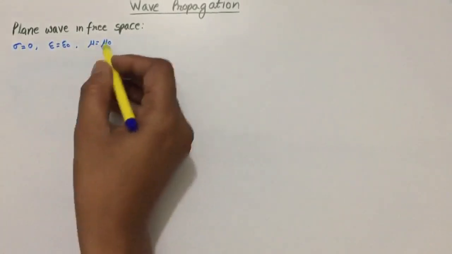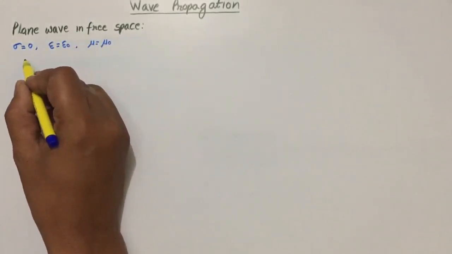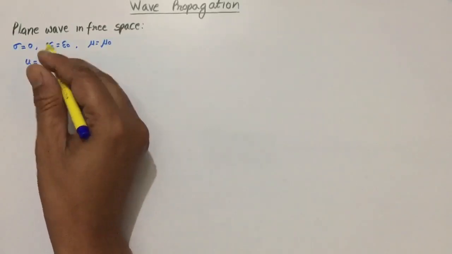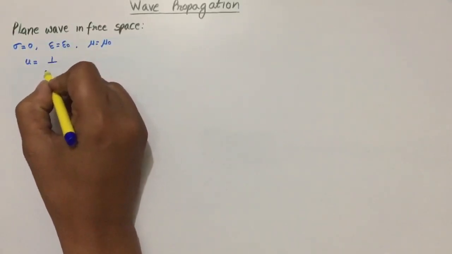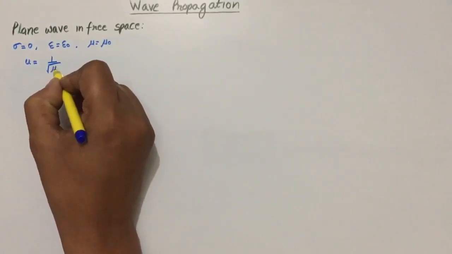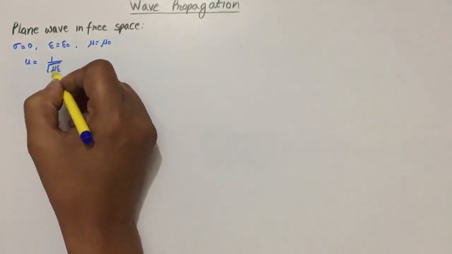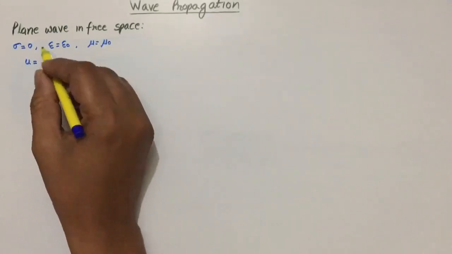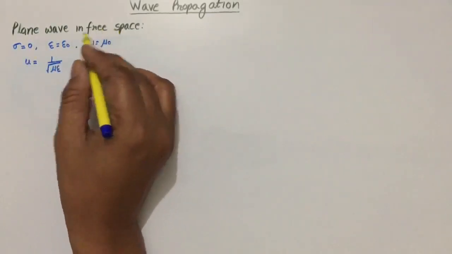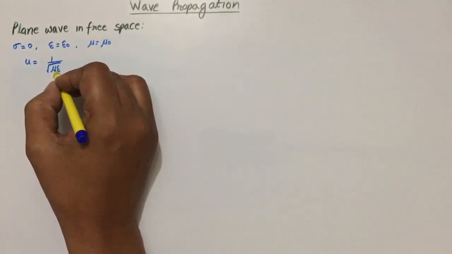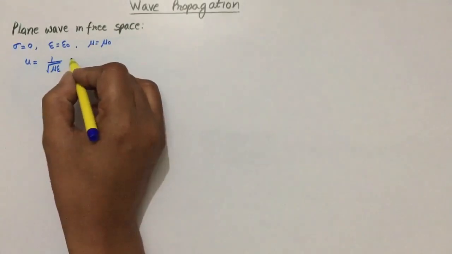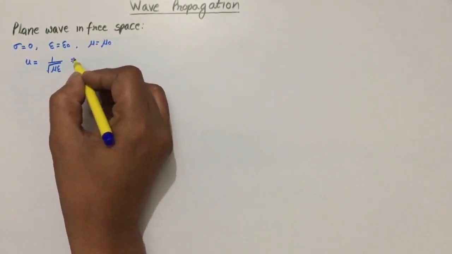In this case, if we wish to find the speed of the wave, then the same formula as we have done in the earlier case, 1 by root of mu epsilon, and in case of free space, mu will be mu naught and epsilon will be epsilon naught.